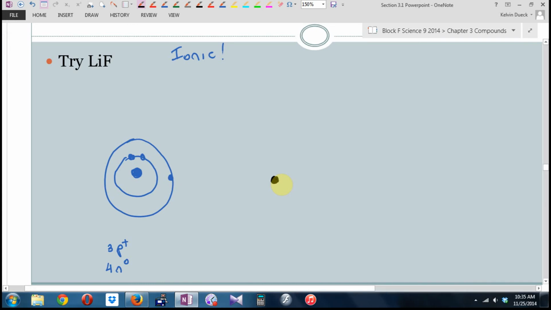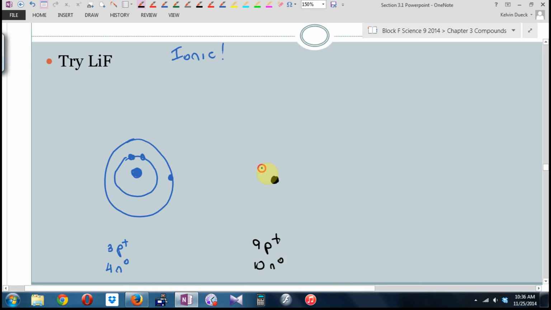How many protons does fluorine have? 9? How many neutrons does fluorine have? No. 10? Can I just say how many electron shells does it have normally? 2.